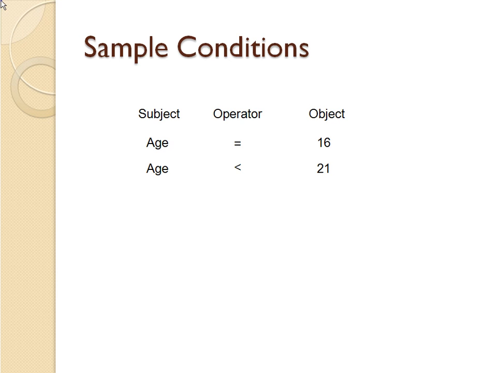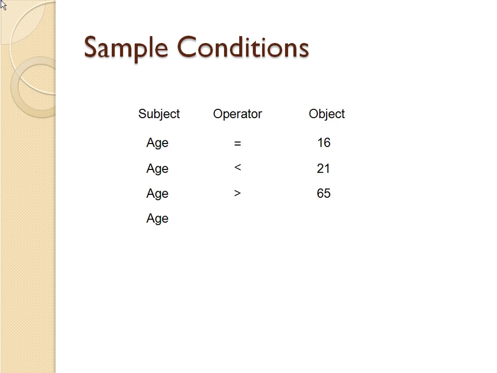How about age less than 21? What if age contains 22? 22 less than 21. Nope, that's false. But what if age contains 21? You would ask yourself, 21 less than 21? No, so that would also be false.